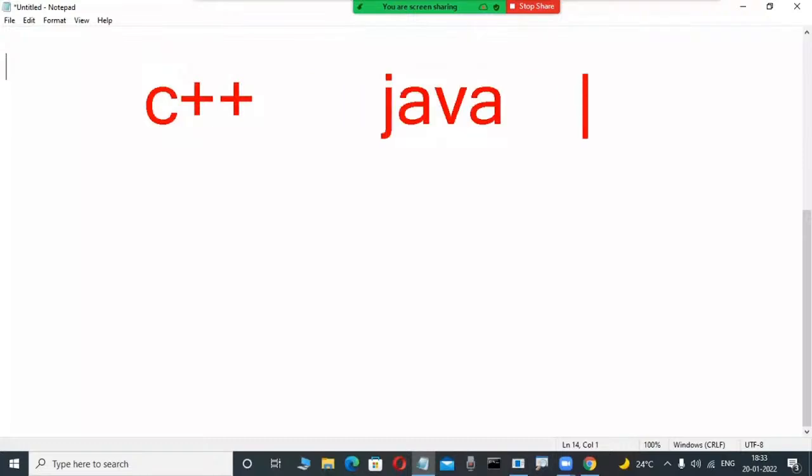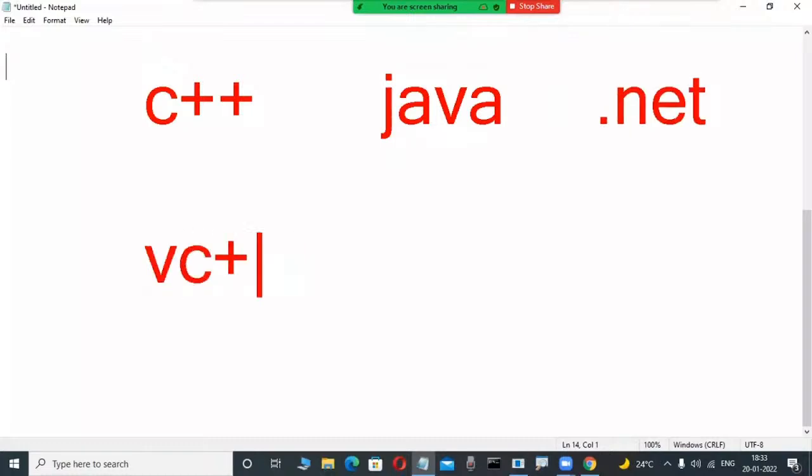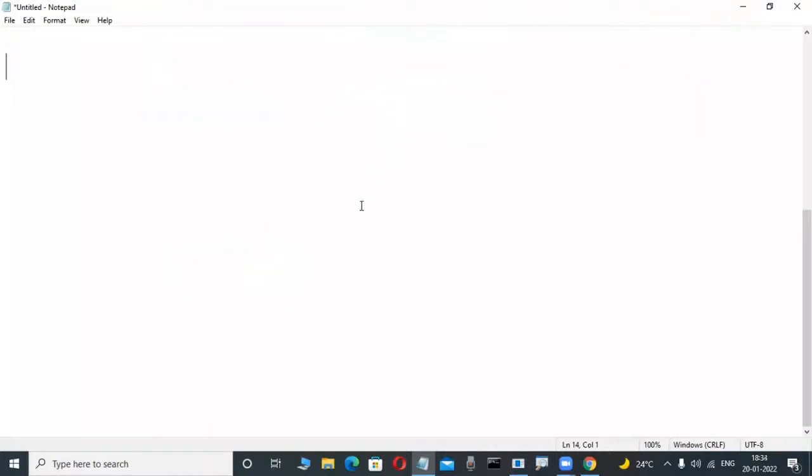C# .NET is an object-oriented language. VC++ is an object-oriented language. So many object-oriented languages are there. Suppose I'm taking two languages today as an example. Through that, with the same similar concepts, we are observing whether these all SQLs are different or the same.